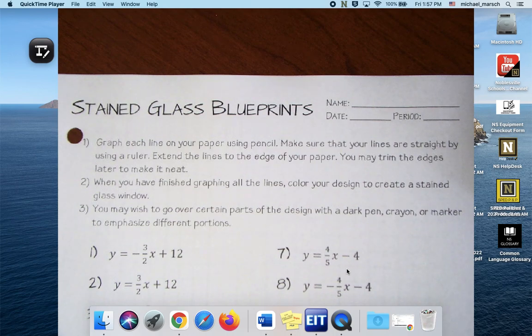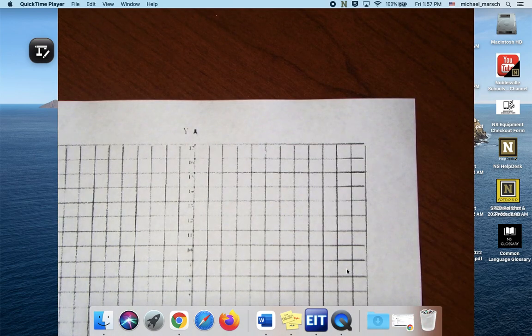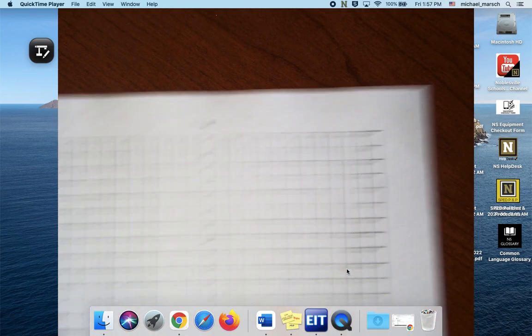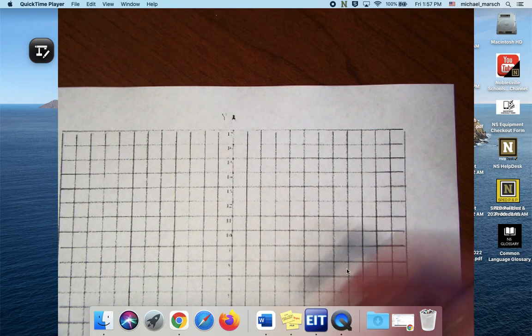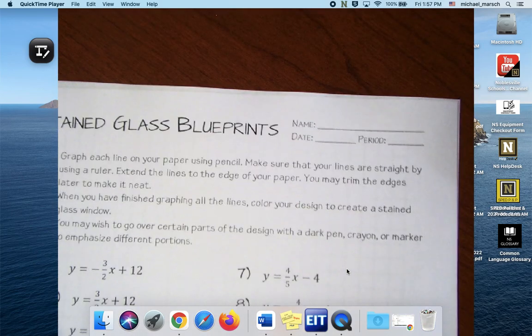Everybody has a ruler. Extend the lines to the edge of your paper. Make sure that when you are drawing the lines, you go all the way at least to the outside edge of the graph. Don't stop here if you're drawing a line. Make it go all the way as far as it can go on the graph. Is everybody with me?